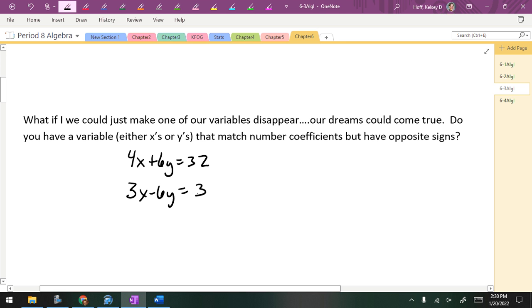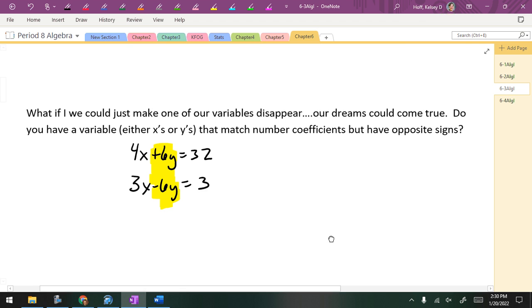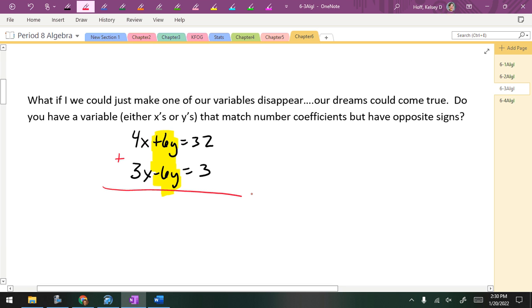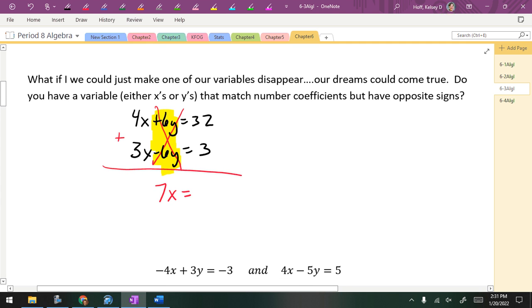Now, Jackson pointed out the y's are both 6's, one's positive and one's negative. If I add these together, 6 plus a negative 6, my y's cancel, yes? What's 4x plus 3x? 7x. 32 plus 3, 35.